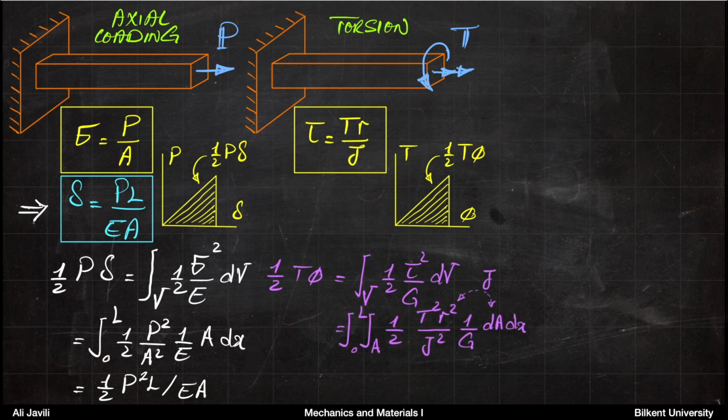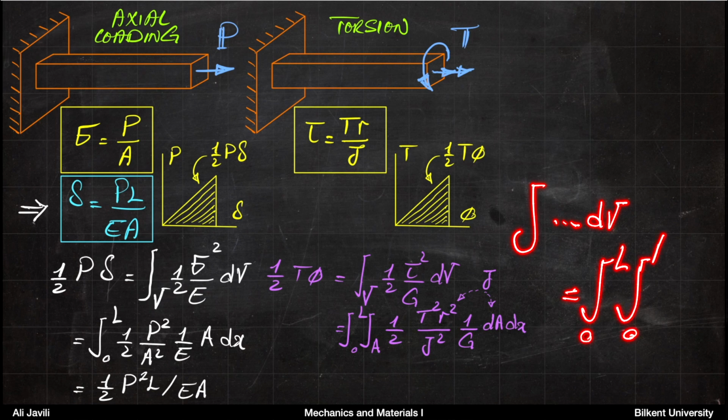But also, in order to find something more similar to what we already know, we write dV as, let's say, dA dx. In particular, if you have an integral of something over dV, we write it as an integral over length and then an integral over area of that thing, dA dx. So this is basically what we do.